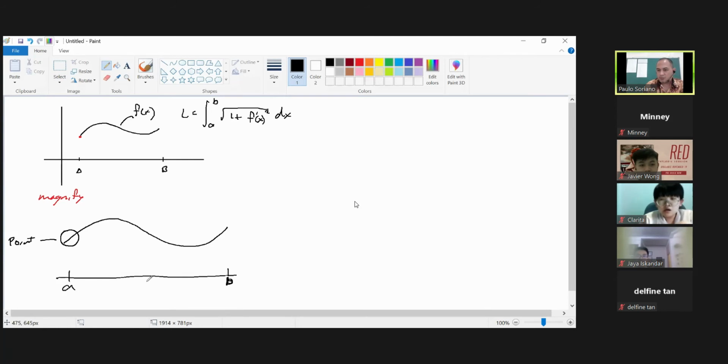Yes? Now, why is it just a point? Because what we did here is we take the x, cut it, and let x approach 0, meaning that it is just the dx.